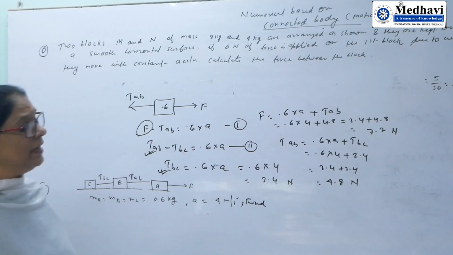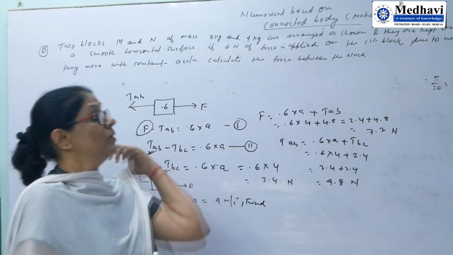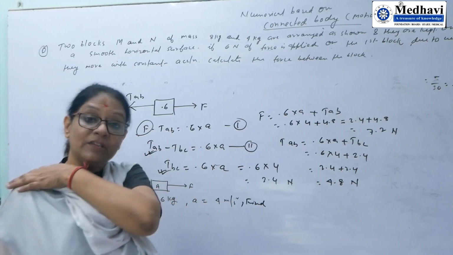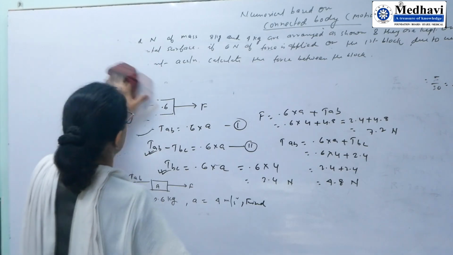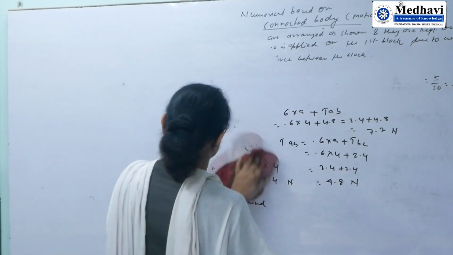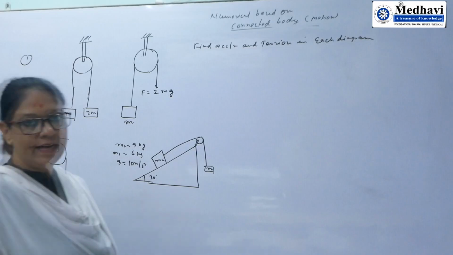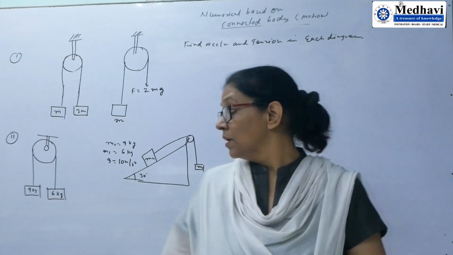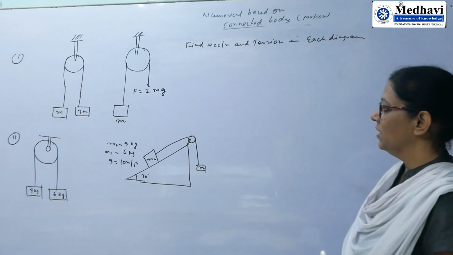Now I will explain questions based on pulley. That is a very important question, because in competition exams we get questions of this pattern. So this is very important. Now I am going to cover the motion of a body using a pulley. So these are the questions that I have taken. There are 4 questions I have selected.